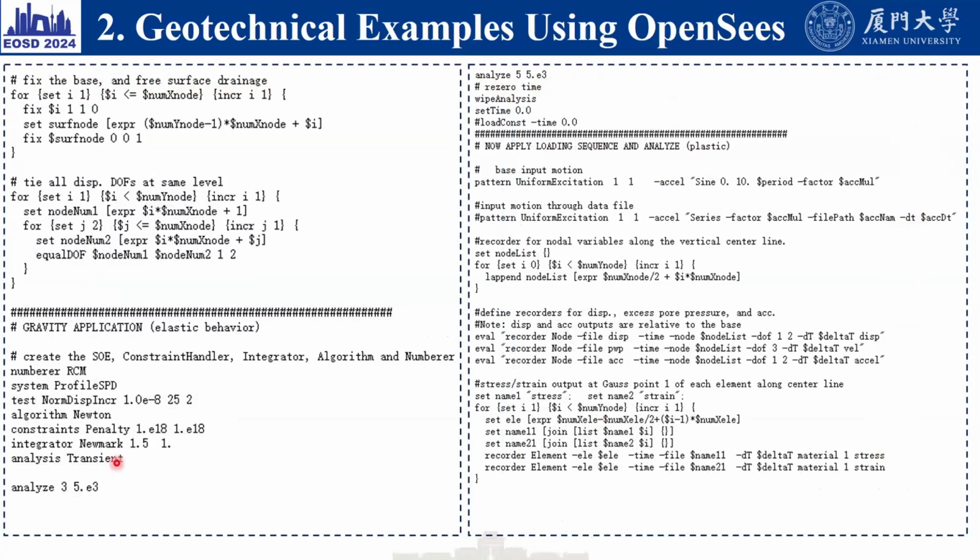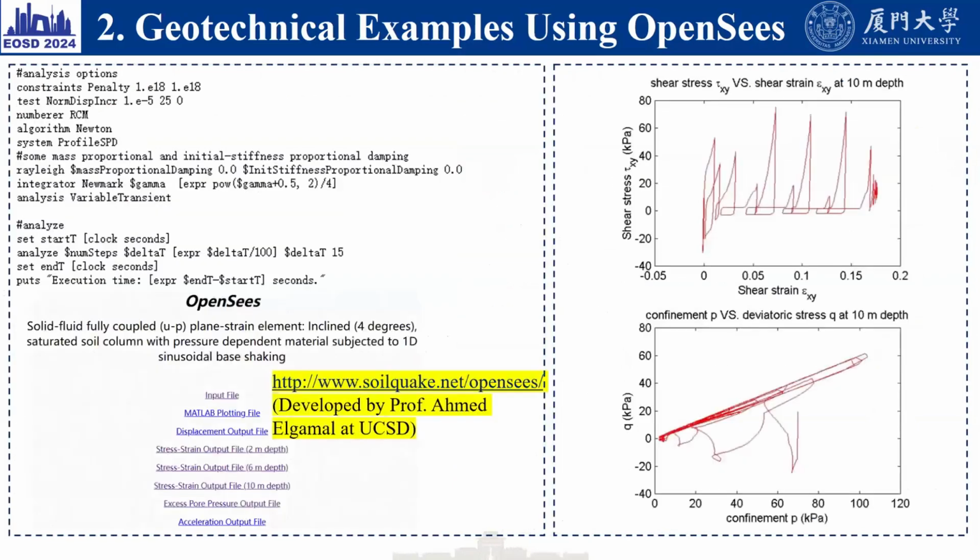Here we perform gravity analysis, and after that we impose the input motion and do the dynamic analysis. This example is available at the SoilQuake OpenSees site. We also provide a MATLAB plotting file here, so you can plot the results.